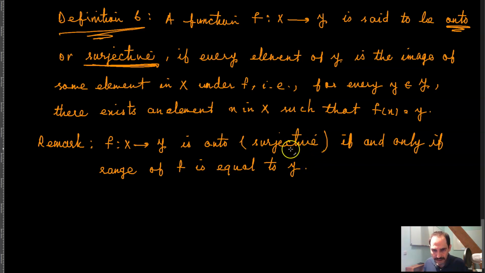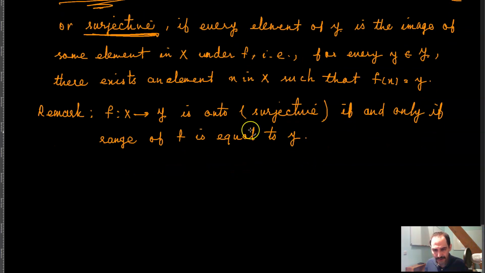So what that means is that when we talked about functions, we came up with three names: the domain, the range, and the codomain.